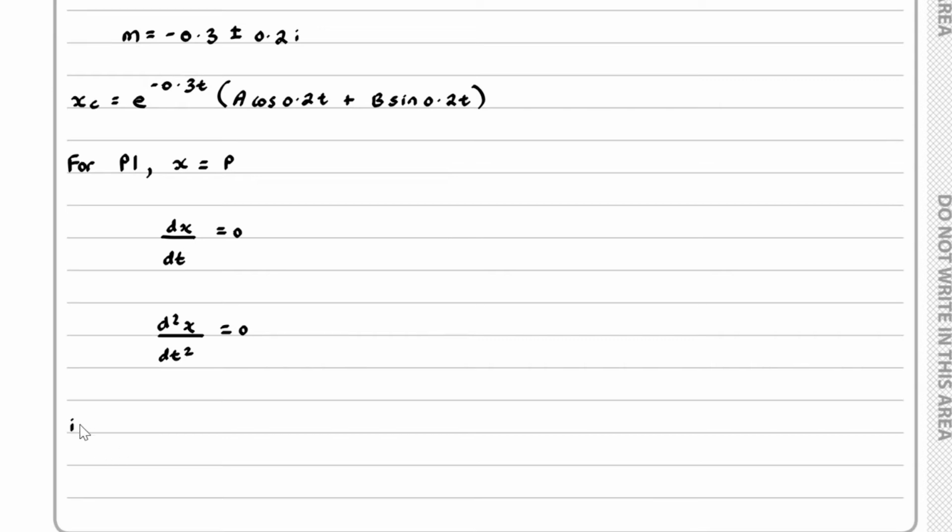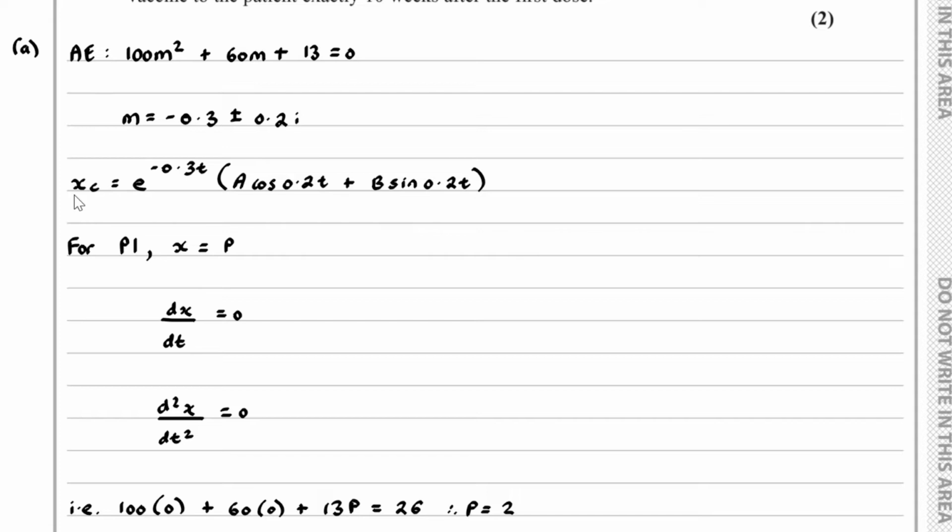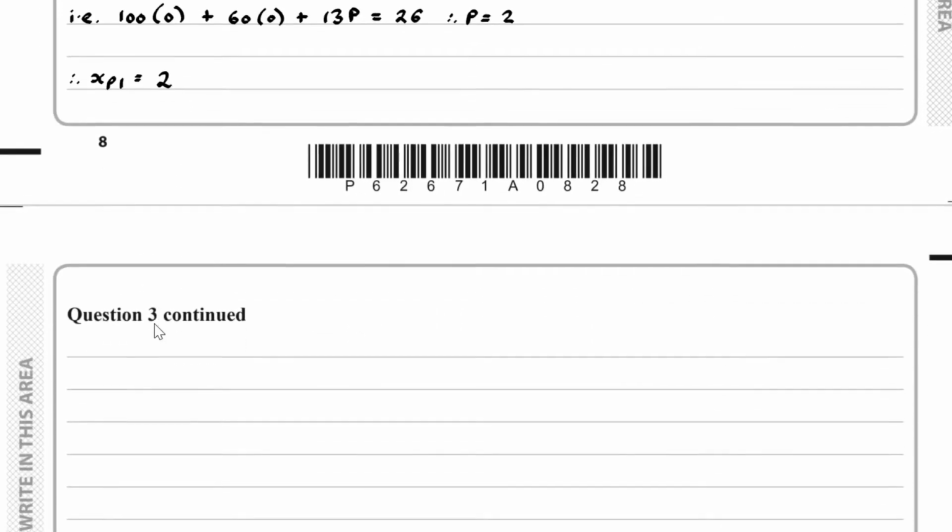So we've got 100 lots of 0 plus 60 lots of 0 plus 13 times p. This is equal to 26, and therefore p is equal to 2. And therefore for the particular integral, we have x PI equaling 2, and the general solution is the sum of the complementary function and the particular integral.